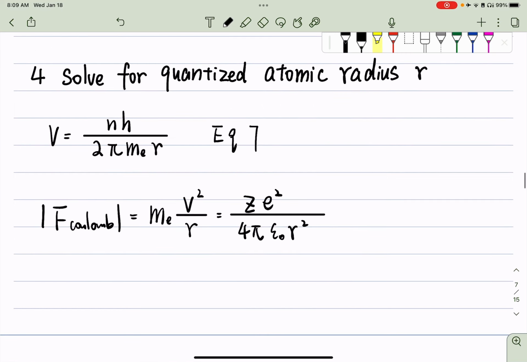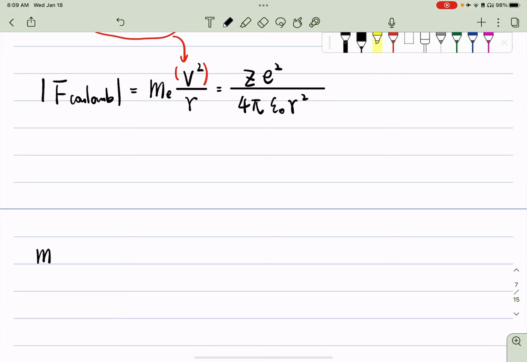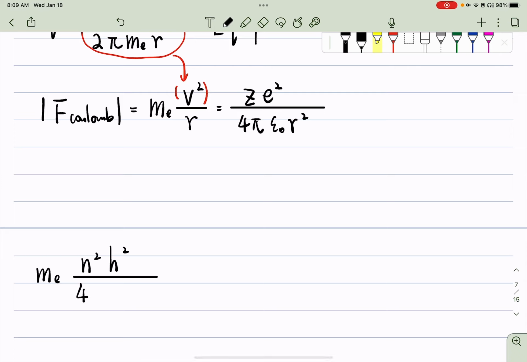So now we can solve for the atomic radius by plugging these two equations together. The velocity we're going to write into this velocity term. Taking it together, what we have is m_e times n squared h squared over 4 pi squared m_e squared r squared, times 1 over r.